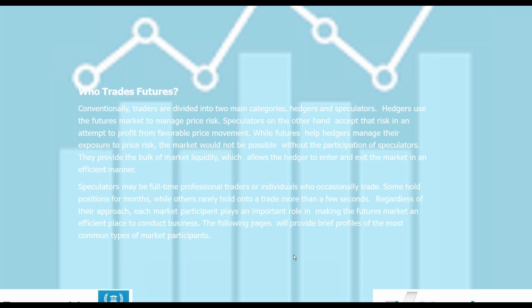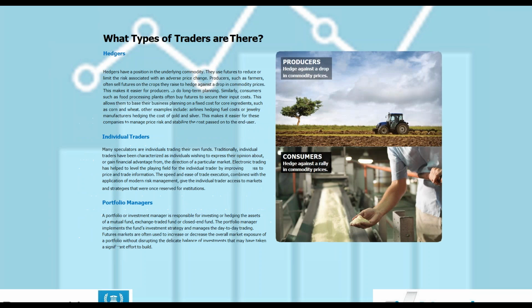Speculators may be full-time professional traders or individuals who occasionally trade. Some hold positions for a month, while others rarely hold them more than a few seconds. Regardless of their approach, each market participant plays an important role in making the futures market an efficient place to conduct business. So, what types of trades are there?